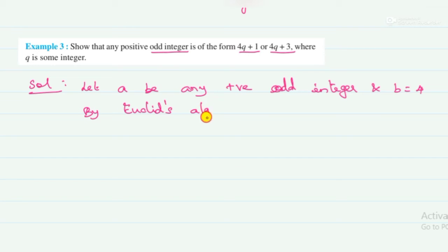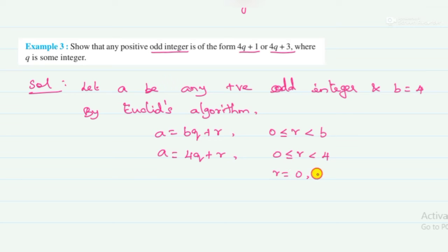By Euclid's algorithm, a equal to bq plus r, where 0 is less than or equal to r less than b. Now we have taken b value as 4, so a equal to 4q plus r. The condition for the remainder is 0 less than or equal to r less than 4. So r can take the value 0, 1, 2, 3. It should be less than 4. Let us mark this as equation 1.